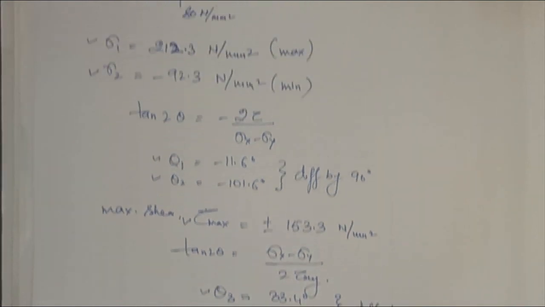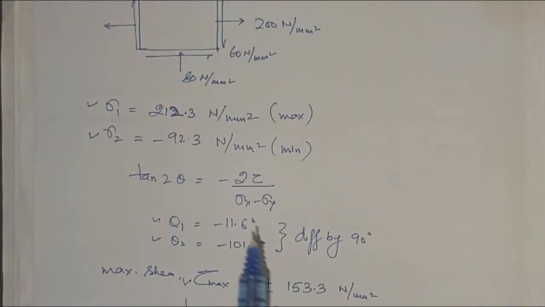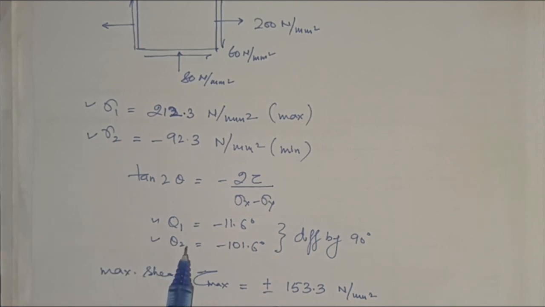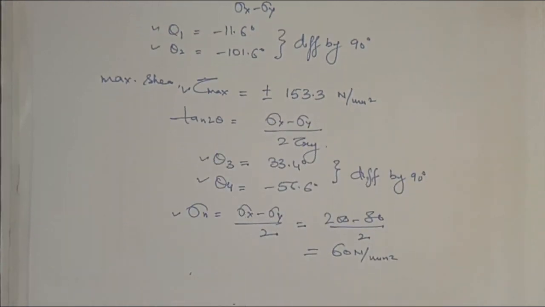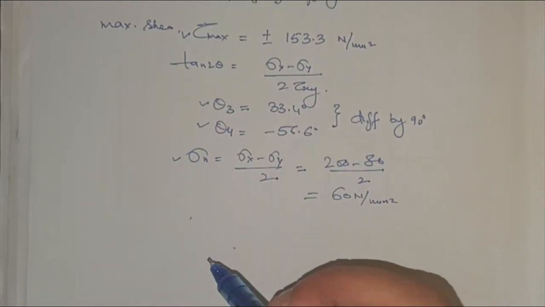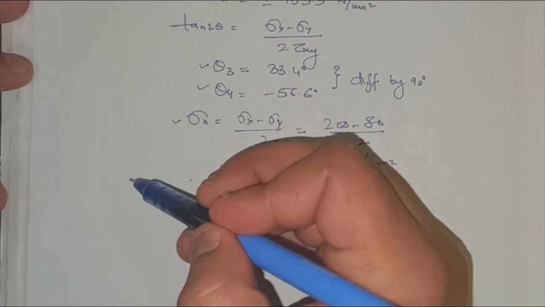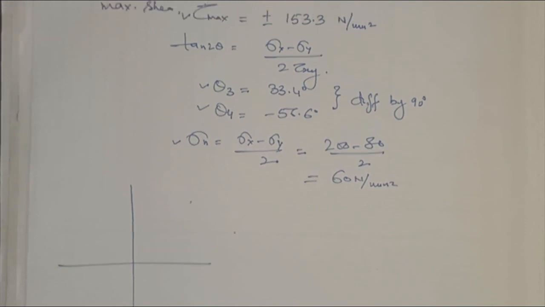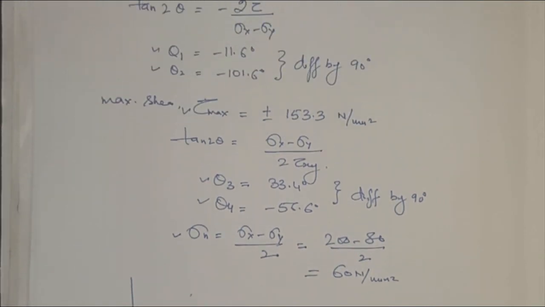So first of all, let's draw the orientation of sigma 1, sigma 2, and these theta 1, theta 2.